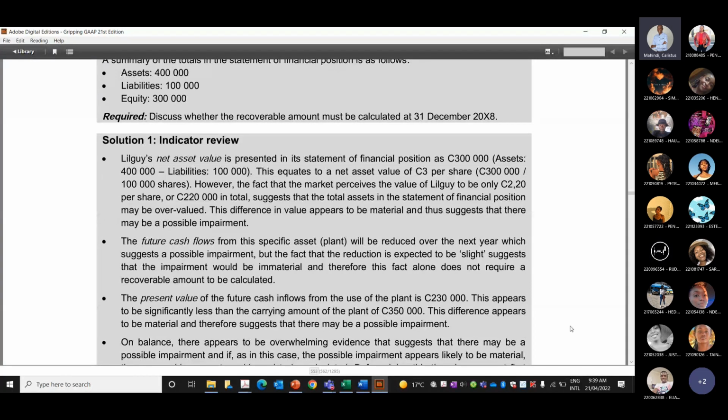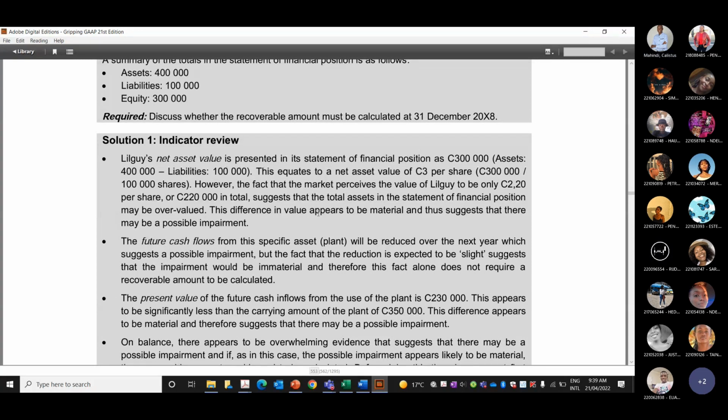So bullet 1 and bullet 3 indicate that there could be a possible impairment. However, for bullet 2, since the future cash flows were expected to have slight changes, that indicated that there might not be an impairment.